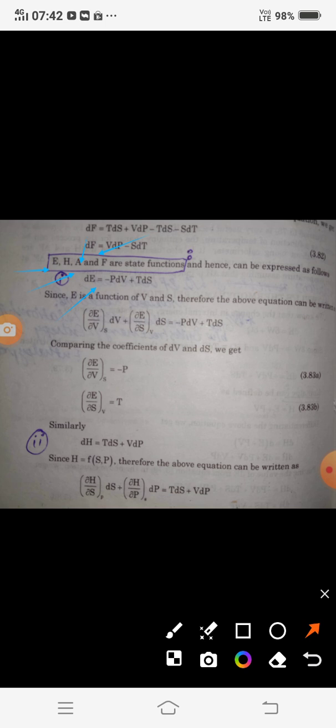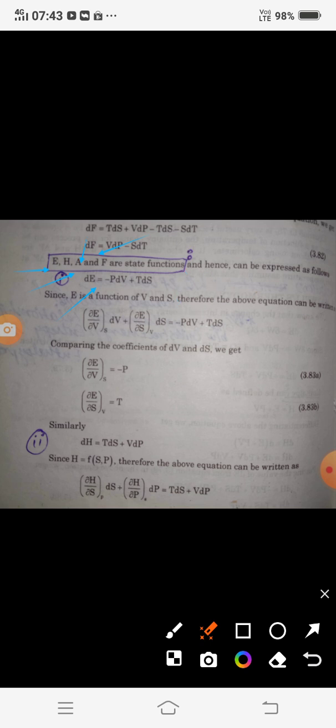And from this equation we come to know that E is a function of the volume and the entropy. So if we want to change the left side, dE, the internal energy, into this form, how is this possible? We can do this by remembering that internal energy depends upon the volume and the entropy.